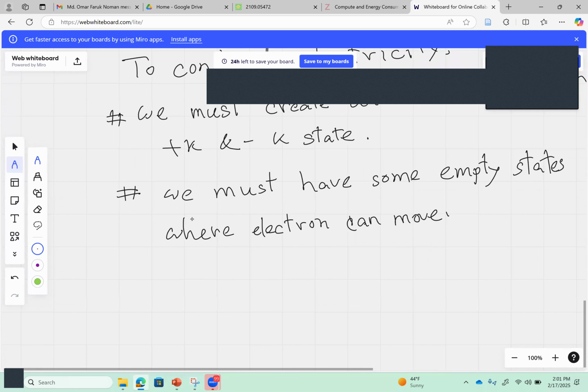Okay, very important. So please bear this in mind. Empty states, the role of empty states.